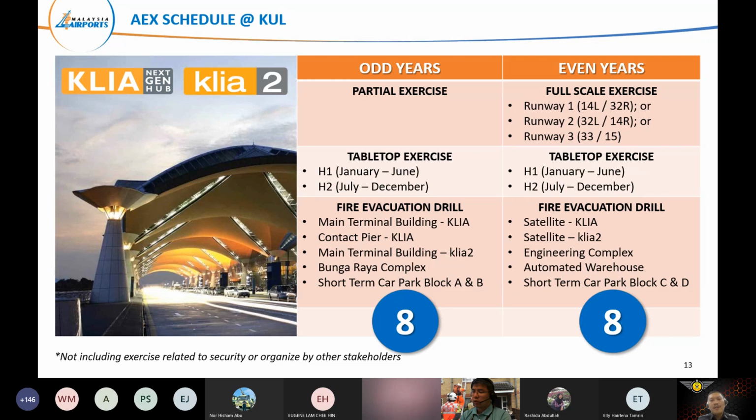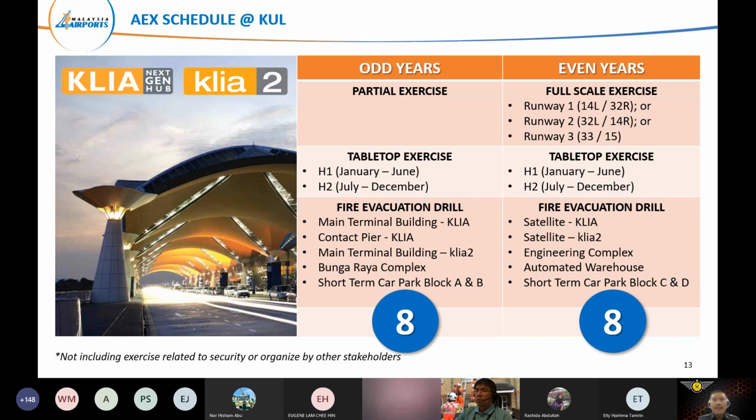So in total, every year, Airport Fire and Rescue Service organizes 8 exercises. But these 8 exercises do not include exercises organized by other stakeholders, as well as those regarding the security elements. It's up to the contracting state.